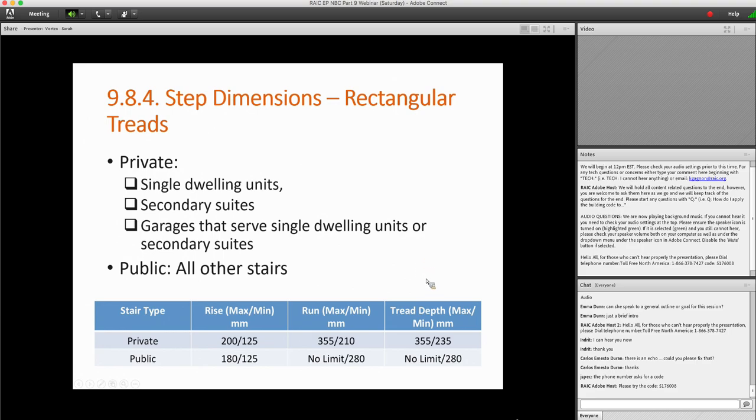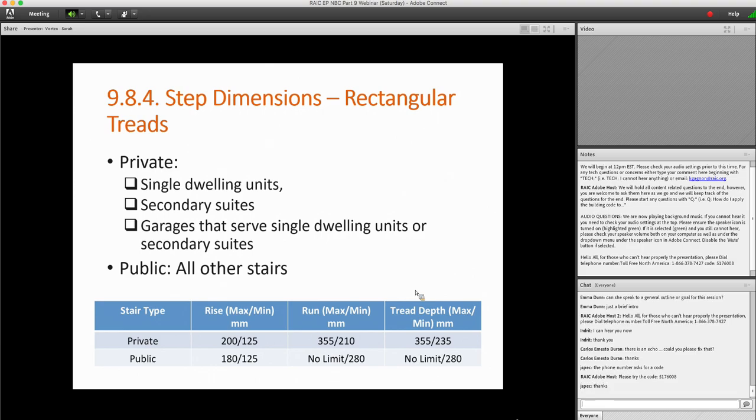And public would be considered all other stairs. For those of you in Ontario or using the OBC, there are some other definitions that may come up, and those are for service stairs that may serve only service rooms. So just something to keep in mind, depending on your jurisdiction, there may be slightly different requirements.